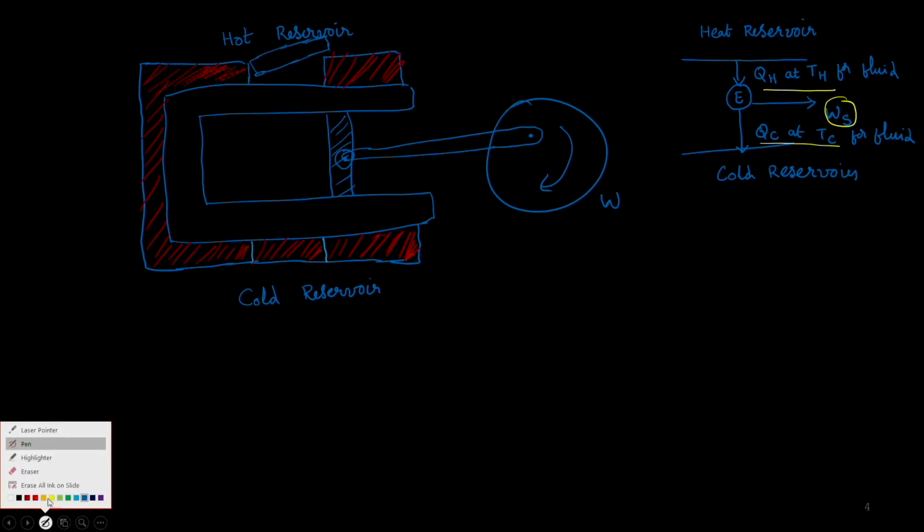So it looks something like this, a movable insulation which can be opened and closed at will, one for the hot reservoir side and another for the cold reservoir side. So when I open this, then you are exposing the wall, and then it can absorb heat.